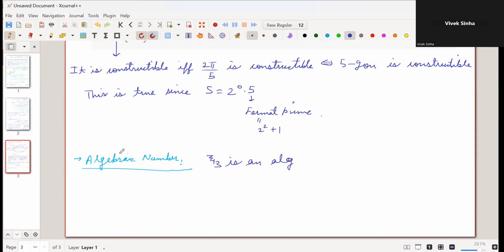Simplest example, ξ3 is an algebraic number.